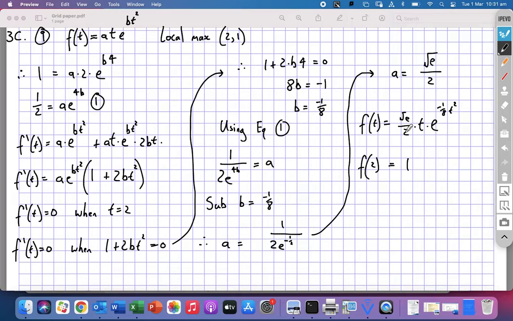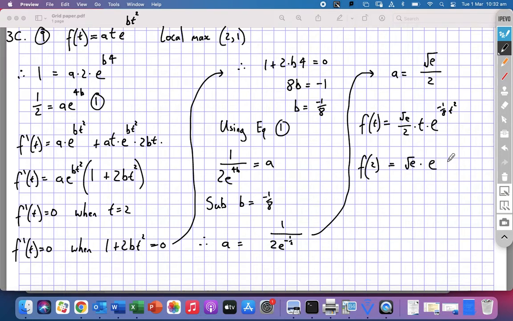We'd have 2 there and there, and they would cancel out, so we'd be left with square root e times e to the power of minus 1/8 times 4. I substitute t equals 2 and let's just cancel it from the start.